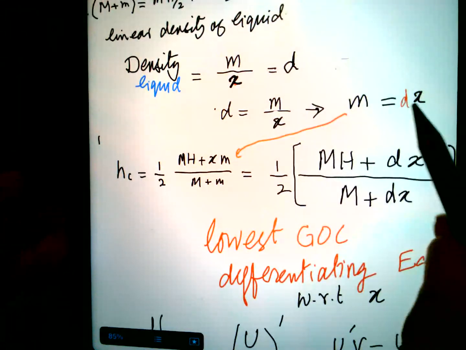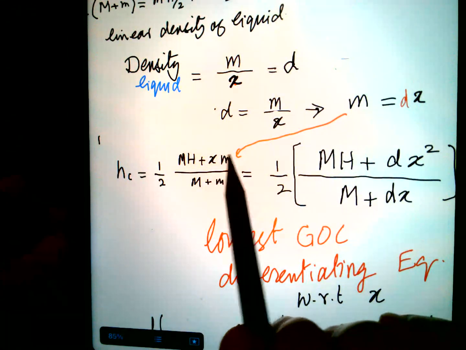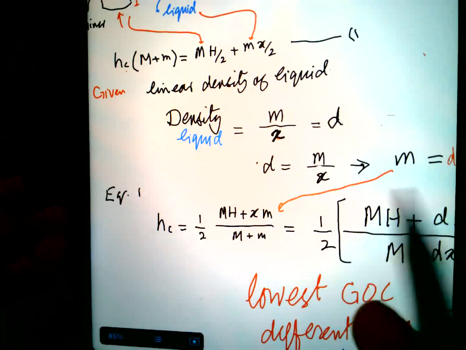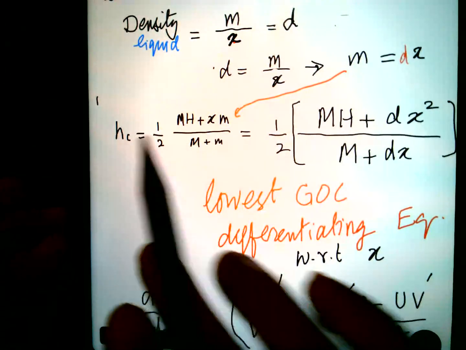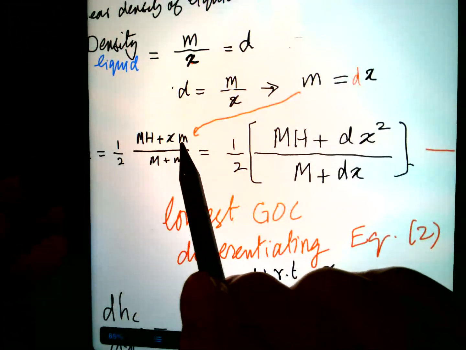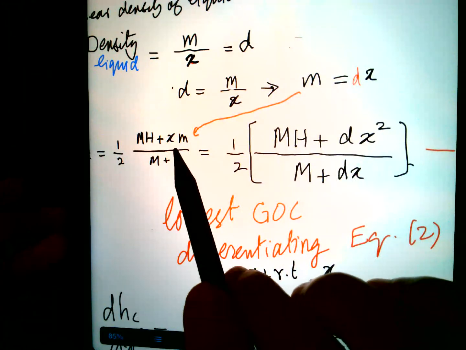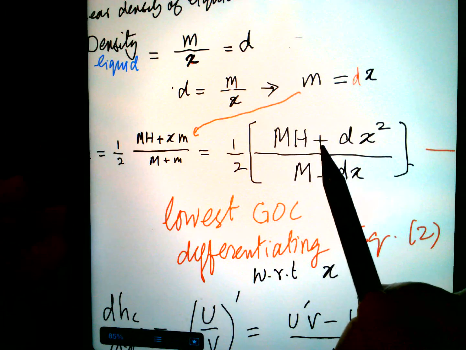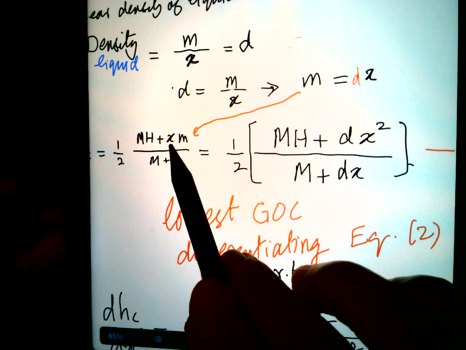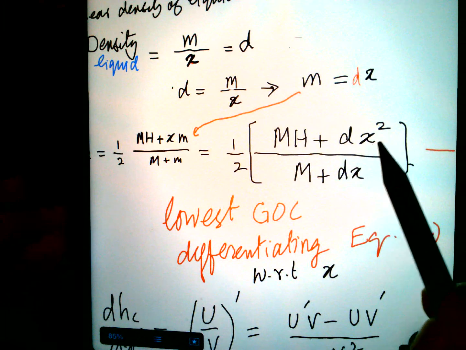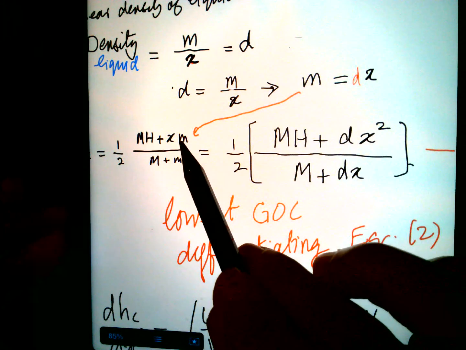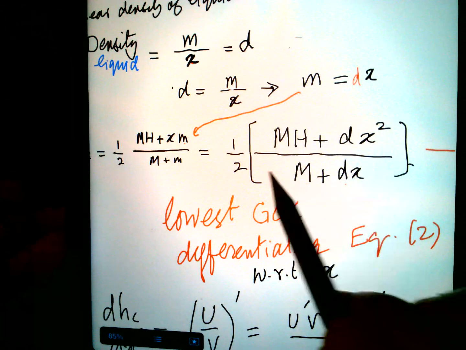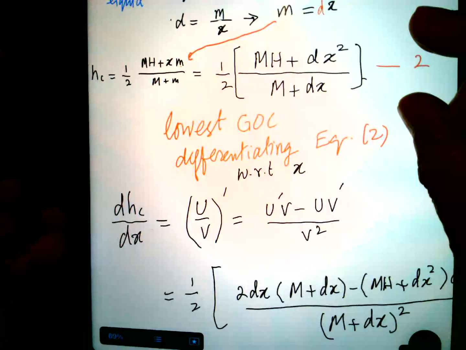We will substitute this value of m into hc. Wherever this small m is, we will put dx. So hc will be (M H plus d x squared) over 2, instead of m, and similarly in the denominator, M plus dx. This is equation number 2.